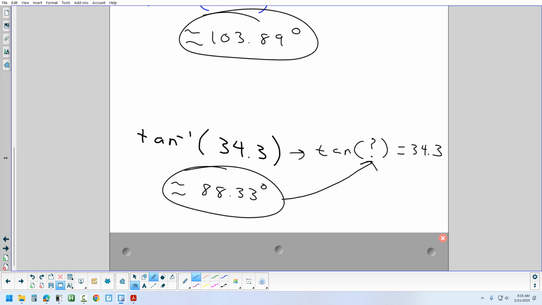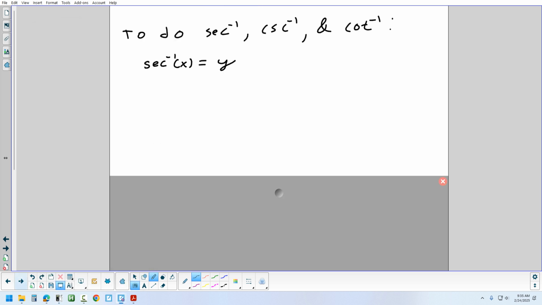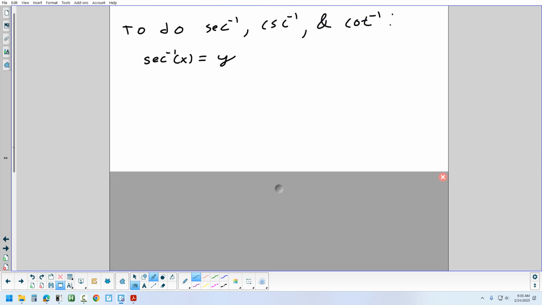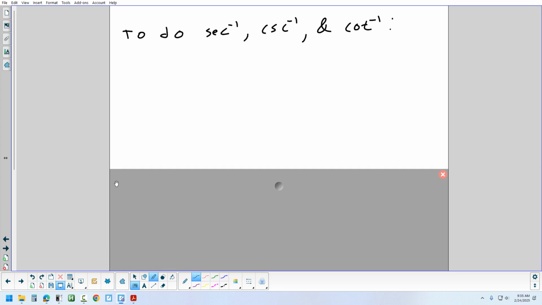So you just solved for the question mark. We don't have a secant, a cosecant, or a cotangent button. So if I give you something like, let's just try inverse secant of 1.3.